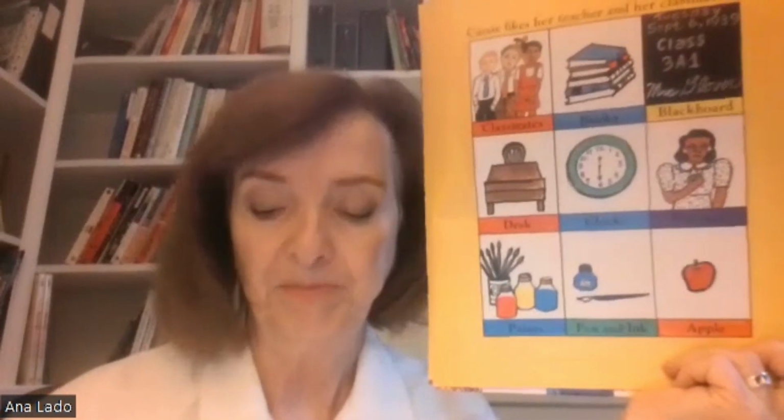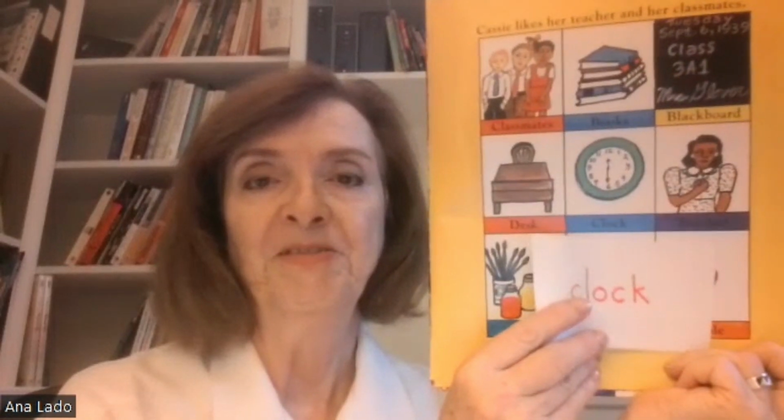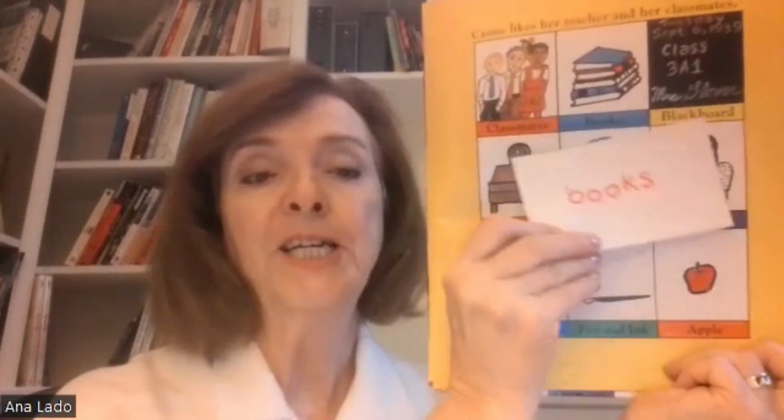Lock. So I pick these words because you're going to ask your students to point to them and take the card and put the card near the object in the classroom.